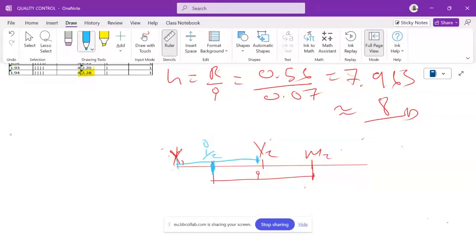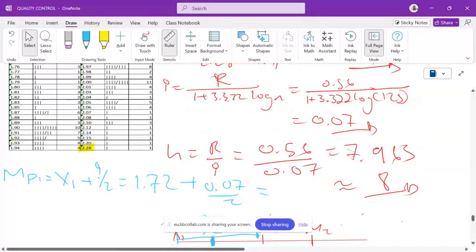Then our formula becomes MP1 is equal to x1 plus half of the interval, which is 1.72 plus 0.07 over 2.